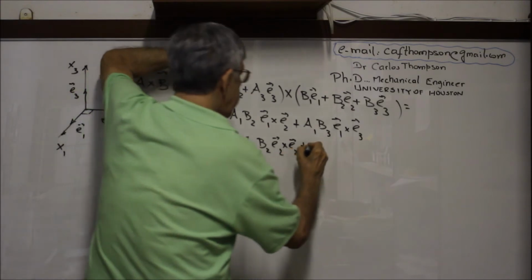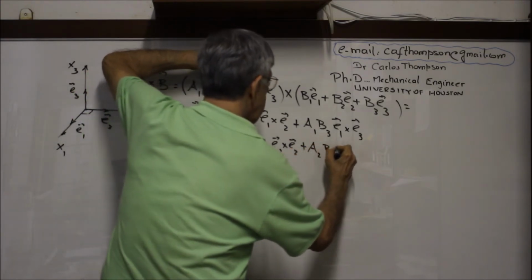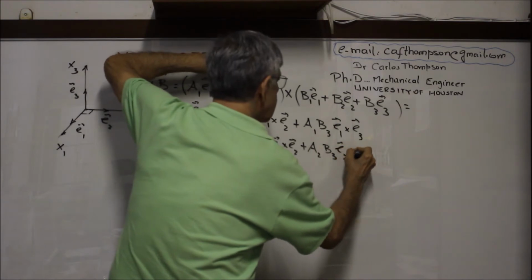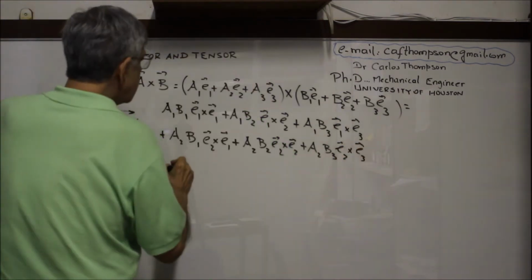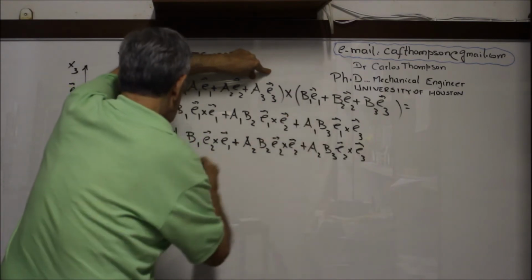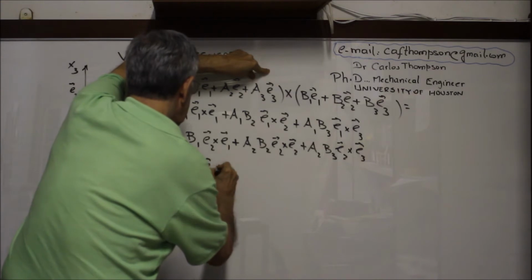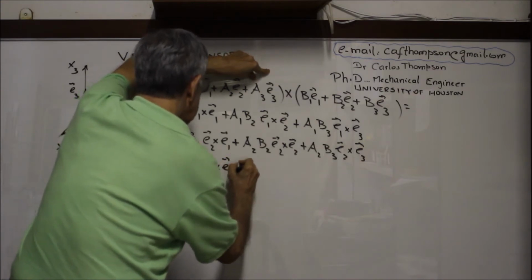Plus A2 B3, E2 cross E3. Plus now A3 B1, E3 cross E1.